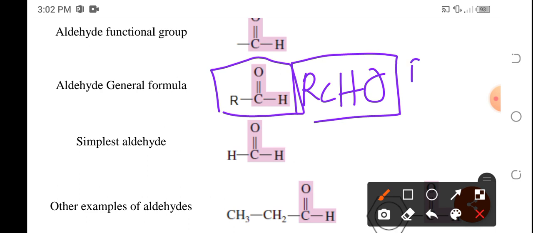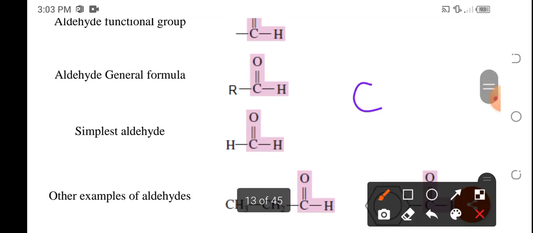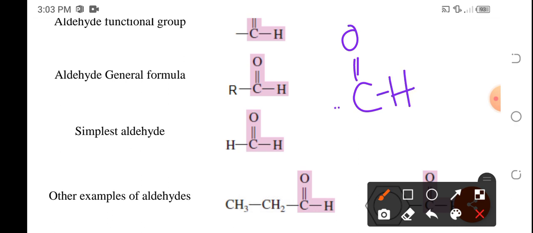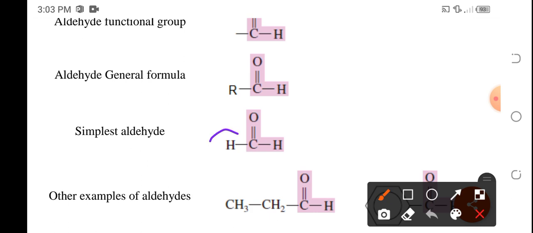Hindi siya RCOH because OH is for alcohol. So that's not how it is written, but rather RCHO. When you see CHO, it should be C double bond OH. So yan yung CHO.